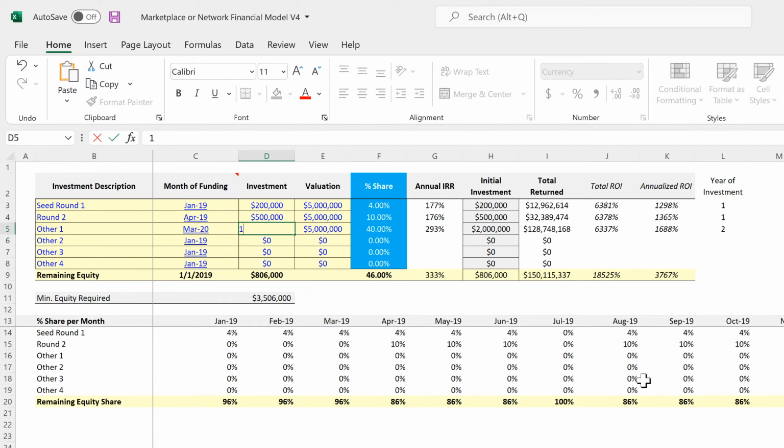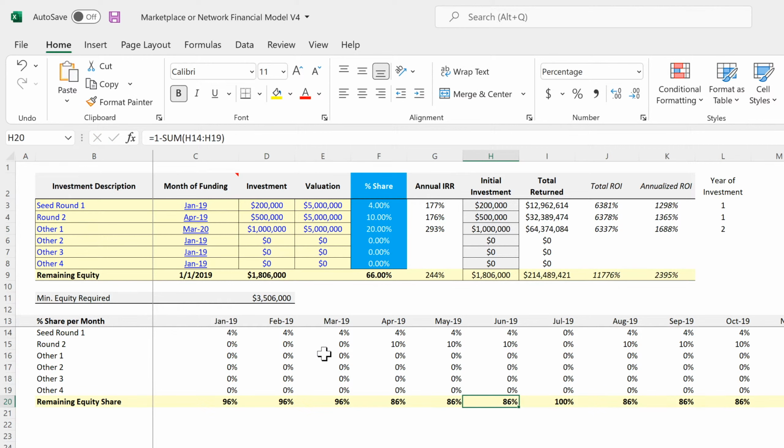Let's lower this a little bit. Okay, and so this will fill in to make sure that the total equity needed is going to equal this here based on all these numbers. Equity remaining for this is essentially the owner's operator's amount will automatically be the first month of the template.